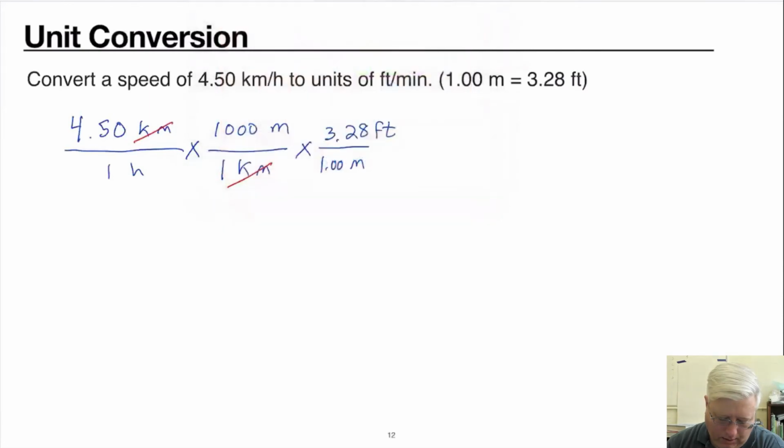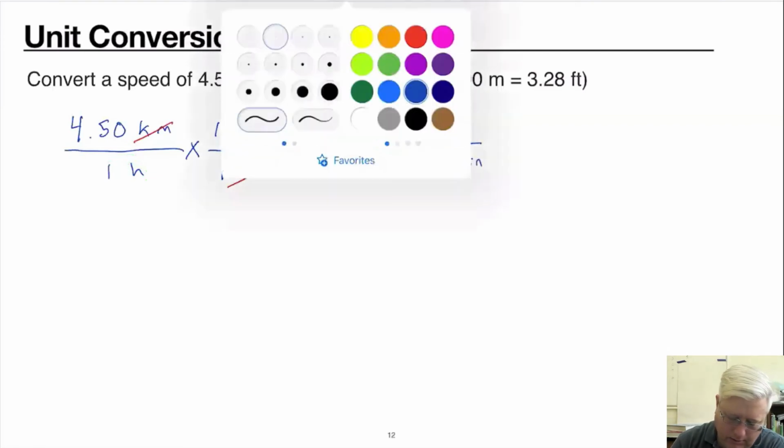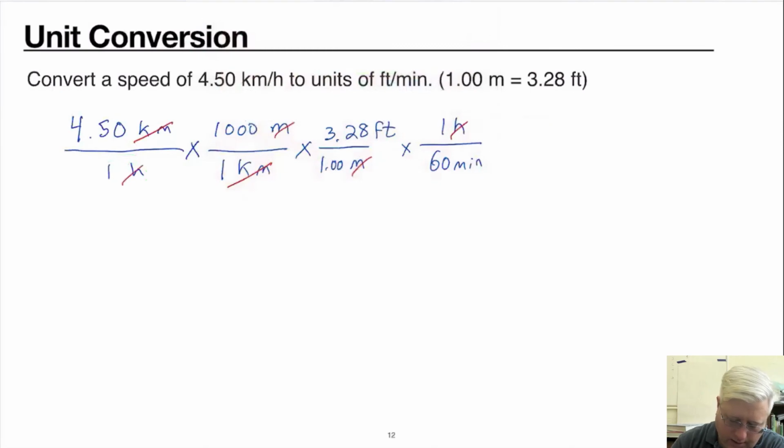Now we're at feet per hour. So now we just have to go from hours to minutes. Our hours is initially in the denominator, so we put it in the numerator for our conversion so that it cancels out. We know in 1 hour there are 60 minutes. Our hours cancel out, and everything's canceled except feet per minute, which is the unit we want.